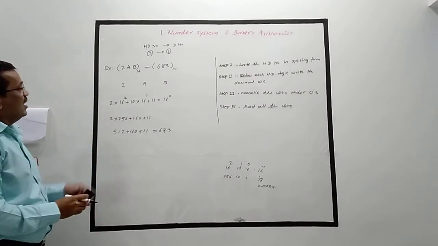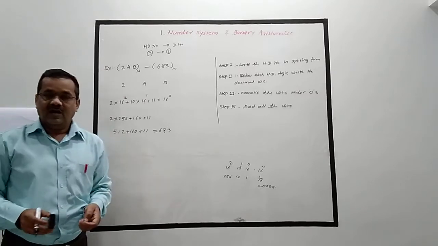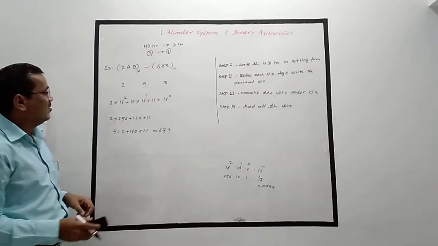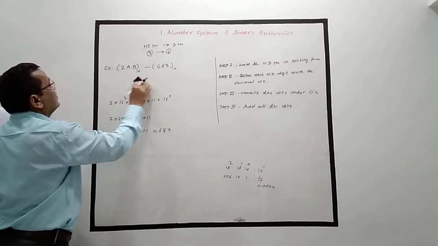So this is the second example. Now we can take another example of conversion of hexadecimal number into its decimal equivalent.